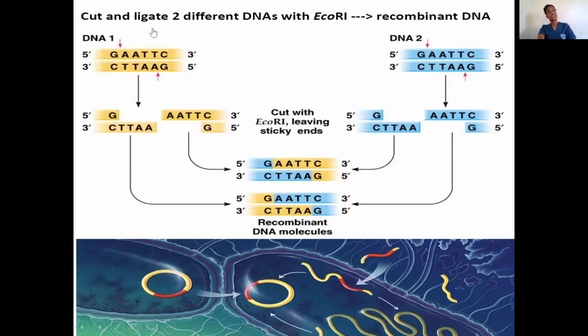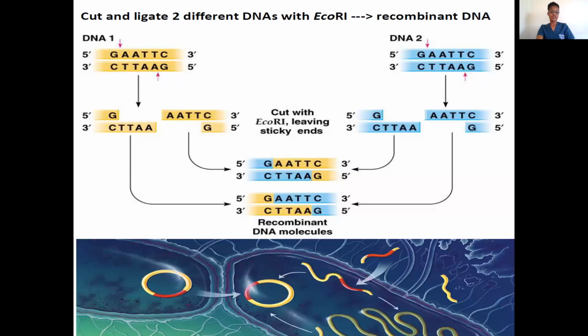So we have DNA1, which is of our interest, and then we have DNA2. So here we'll use a restriction enzyme that recognizes this sequence. The same restriction enzyme is the one that we will use to cut our DNA2 here, because it is still recognizing the same sequence.